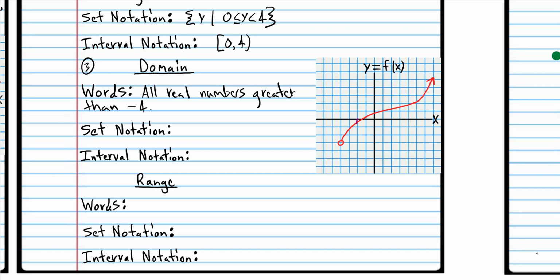And again, the domain is the x values of all the points on the graph. But of course, this point doesn't really count because it's a hollow dot. So we say greater than -4, but not equal to -4. In set notation, we say the set of all x values such that x is greater than -4.